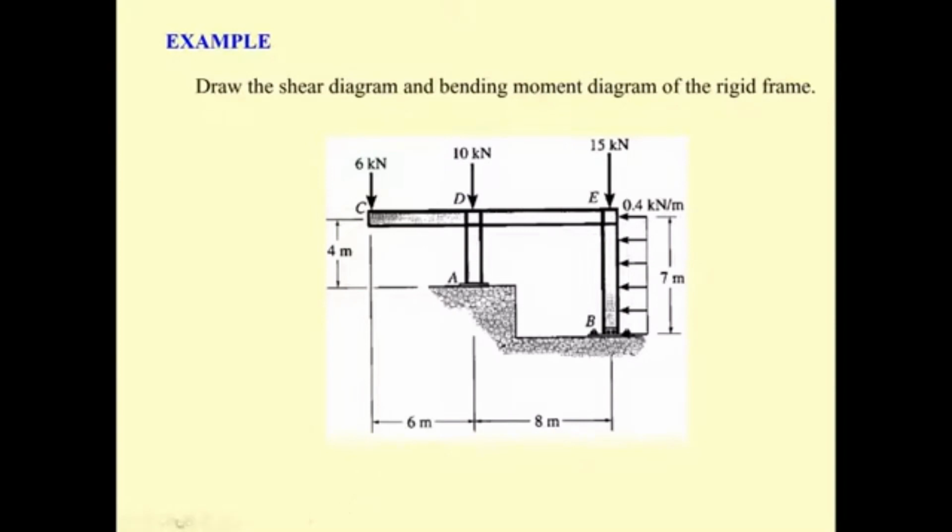By the shape like this, you may consider the support A as the roller, and support B by this figure is the pin.